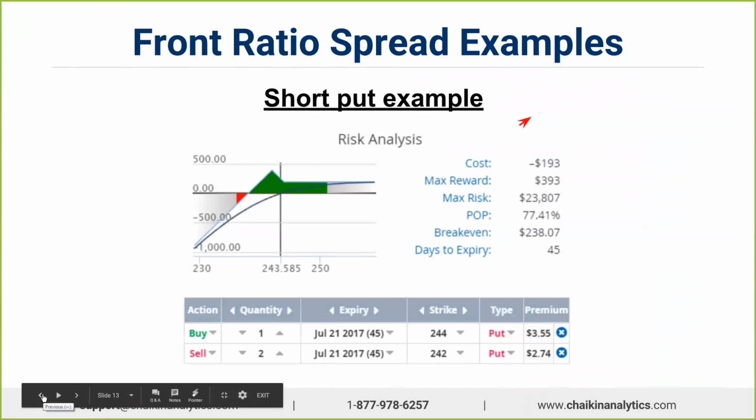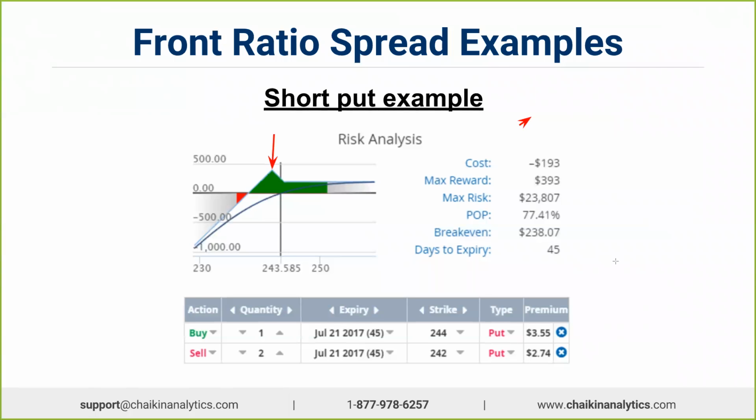Oops. So here's a put example. In the put example, you'll see the ones that you're selling are the 242s, and that is going to get you profitable right there. That's where you're going to max out, at 242. So if you hit your short strikes, that's ideally to get out. Again, I would tend to encourage people to get out when you are above the credit that you've received, but not at the peak.